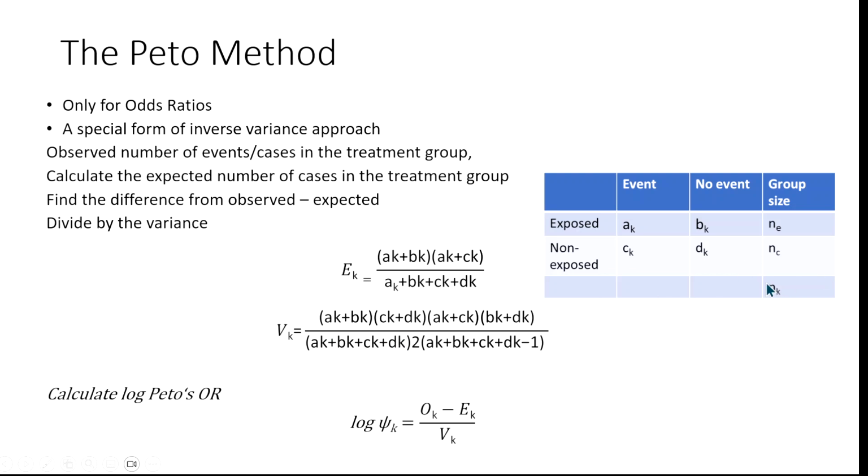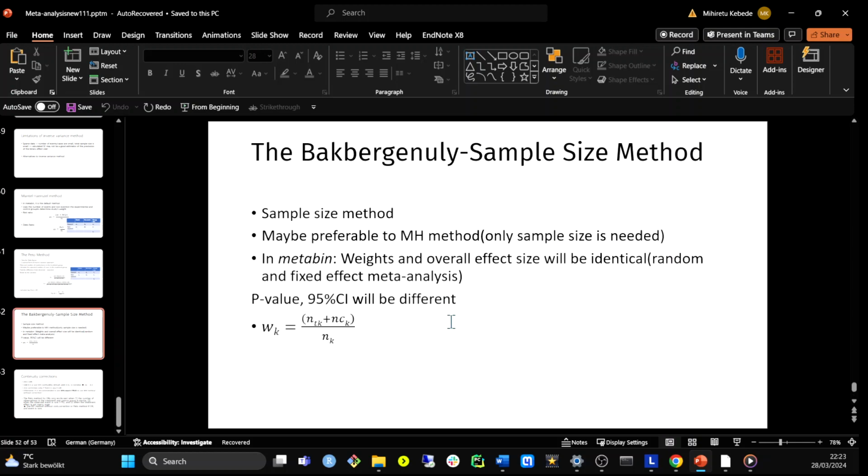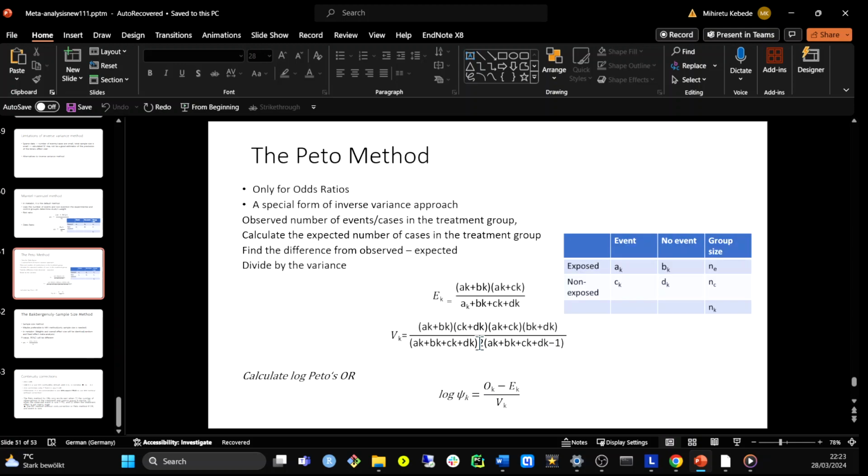Then the other part is the sample size, which has to be squared. So the denominator will be N squared times N minus 1. That's how we calculate the Peto odds ratio.